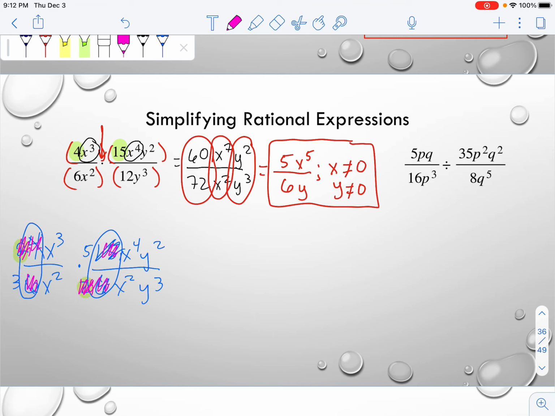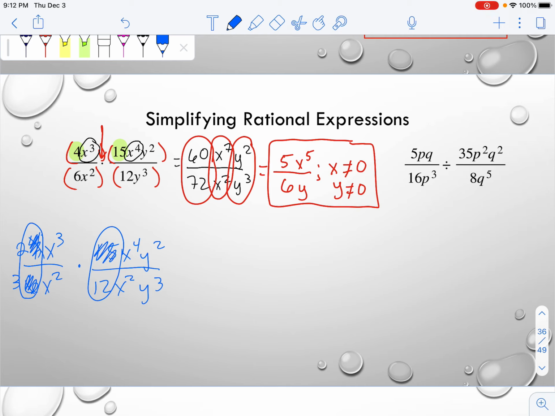Okay, let me go back here. I think I miscopied the problem. I did. This should be a 12. My fault, everybody. So again, 4/6 reduces to 2/3. 15 over 12, each contains a factor of 3.